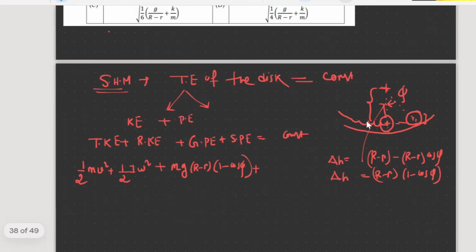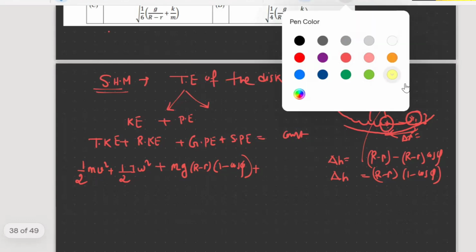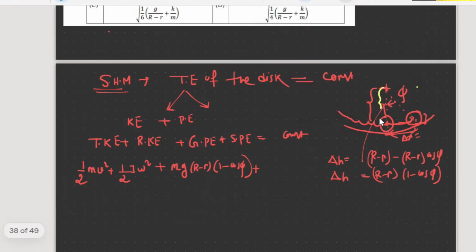See, the spring is attached to the center of the disk. So the extension of the spring is going to be this much only. This is the extension of the spring, delta x. As the spring is attached to the center of the disk, the distance from the center of the ring to the center of the disk is capital R minus small r.